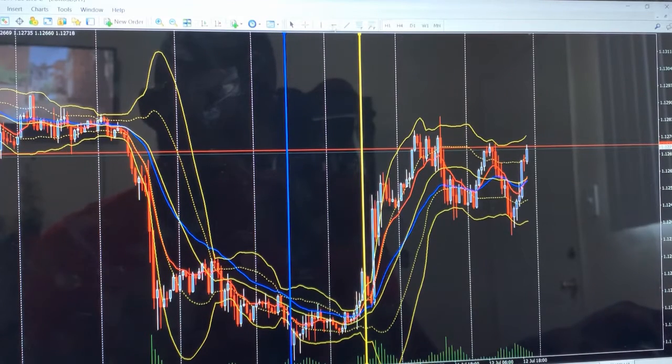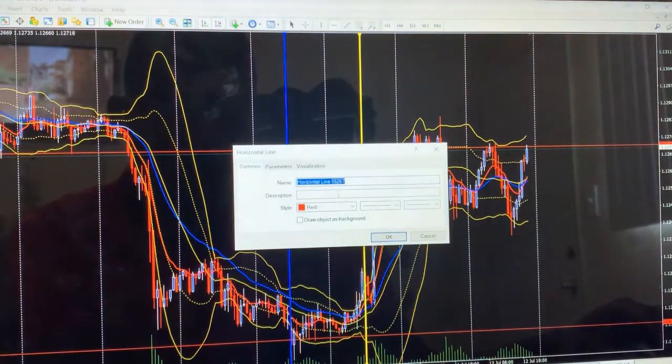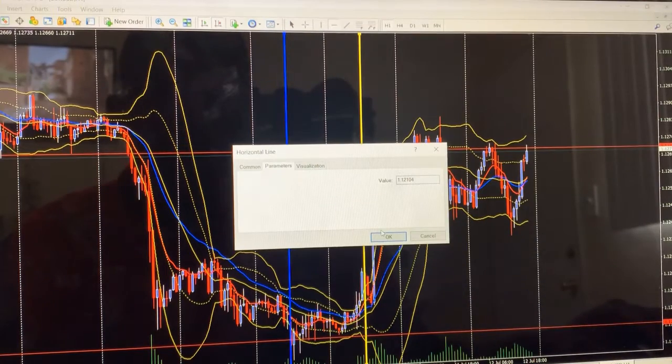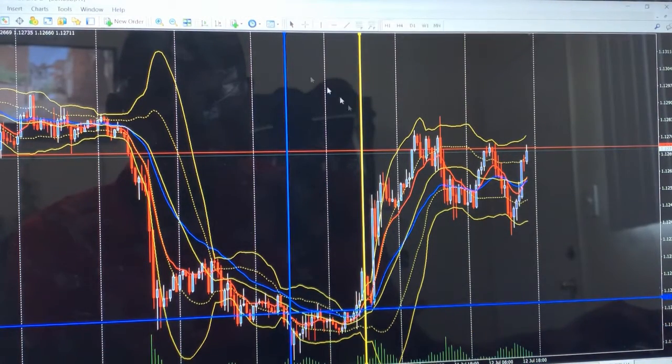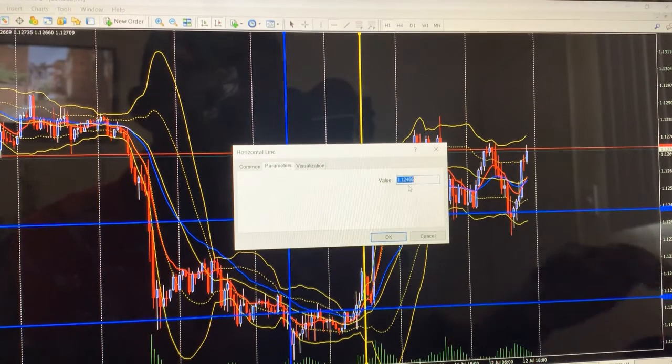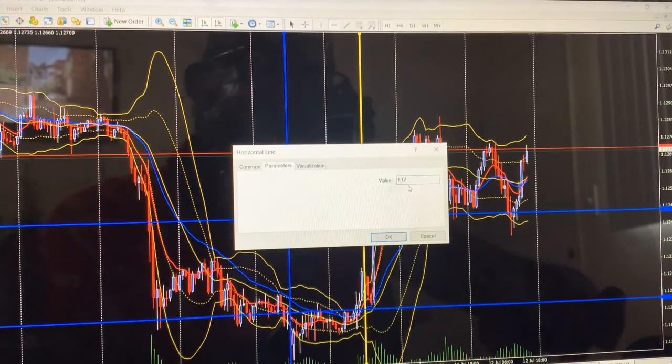So now let's have the price of entry. Let's say we enter at the price of 1.12104. We're going to put our entry in blue as well, and let me fatten this bar a little bit. Let's say 1.1204, and then let's confirm, and then we exit at, let's say, 1.12222.